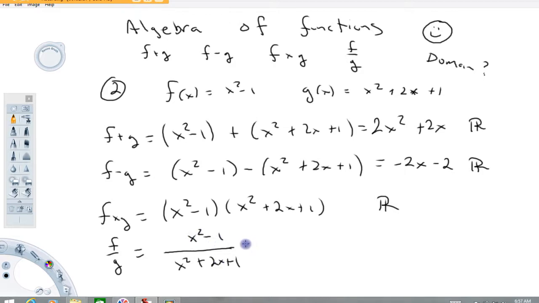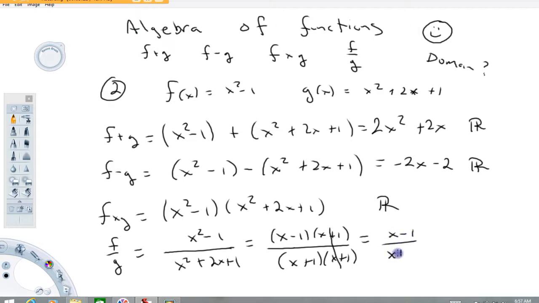The top of this factors, that's the difference of two squares, so that's going to factor into x minus 1, x plus 1. The bottom of this thing here, x squared plus 2x plus 1, I believe will factor into x plus 1 times x plus 1. You'll notice here these divide out. Or you could do this division, doesn't really matter, and we're left with x minus 1 over x plus 1.